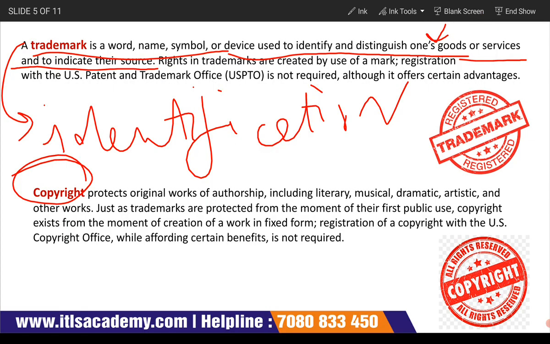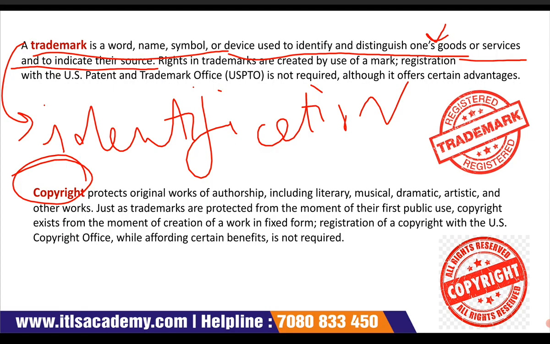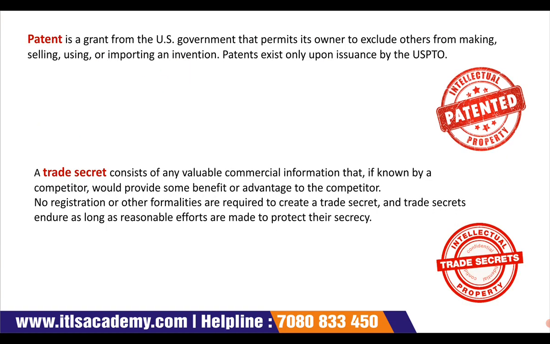So this is the symbol of the copyright. Now moving to the patent. Somewhere you have heard about patent. So what is a patent? A patent is a grant from the US government that permits its owner to exclude others from making, selling, using or importing an invention.